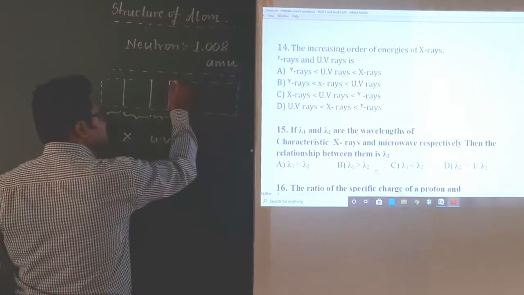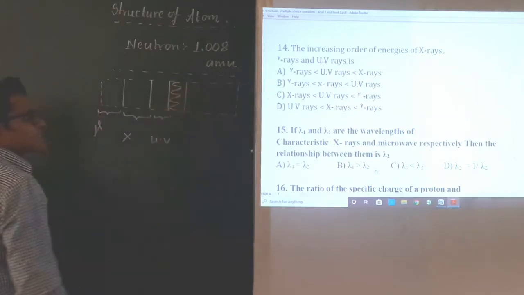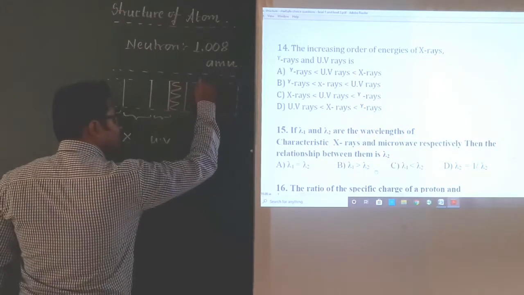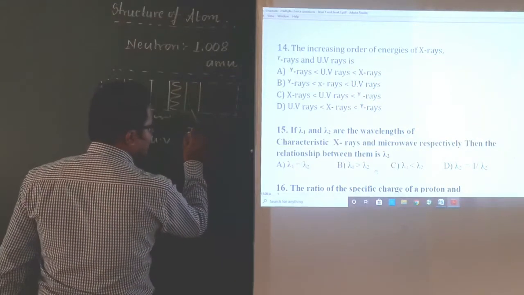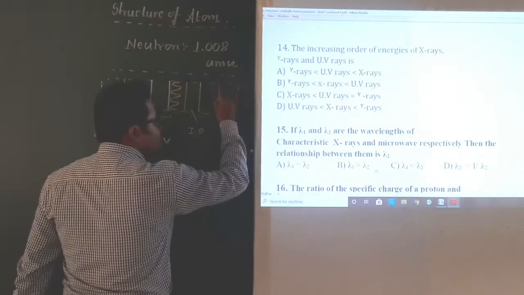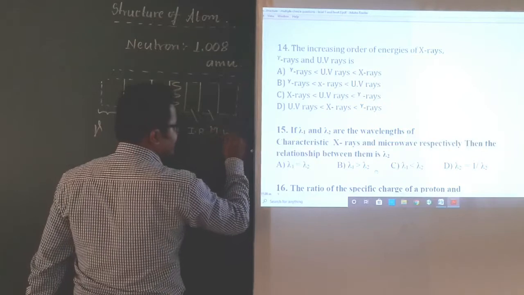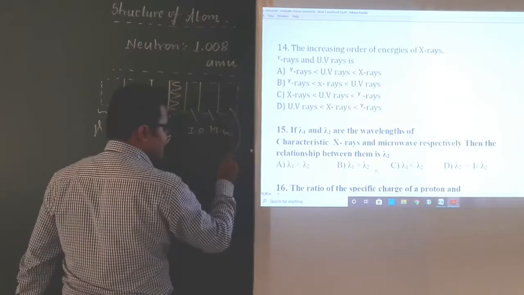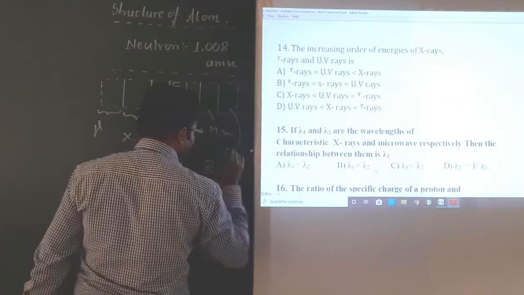Then comes the section where we can observe visible rays. At the end is the IR. Then comes microwave, and finally, at the end, the radio waves.